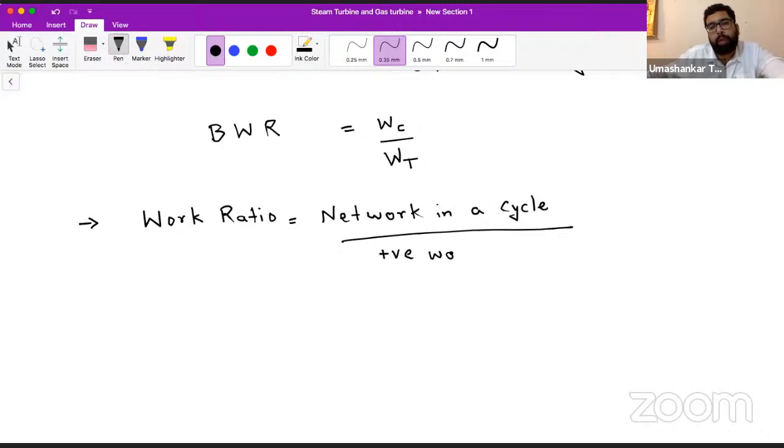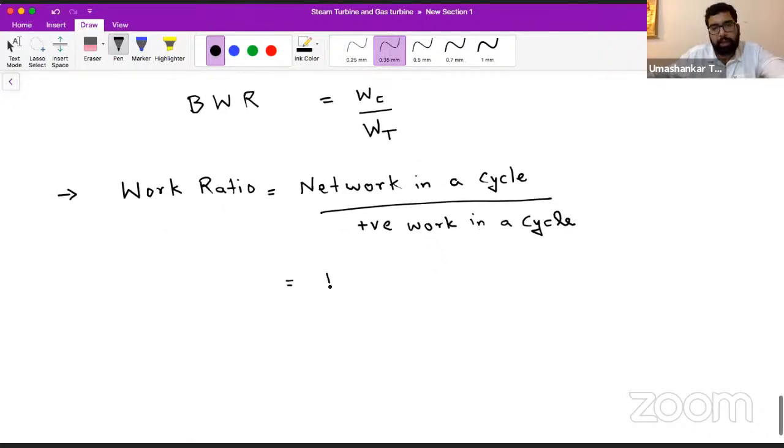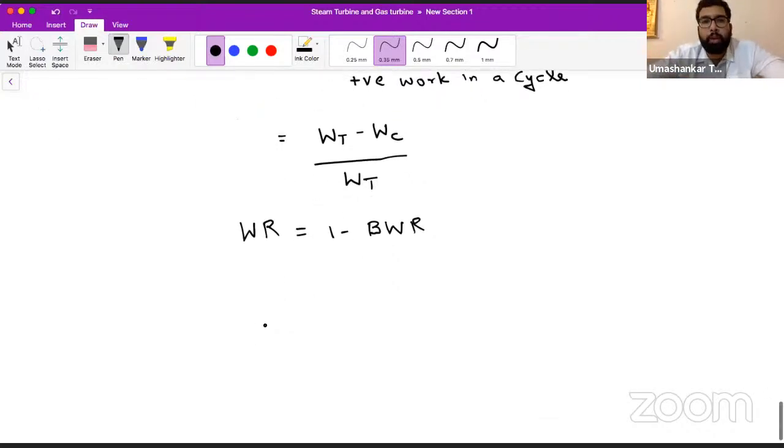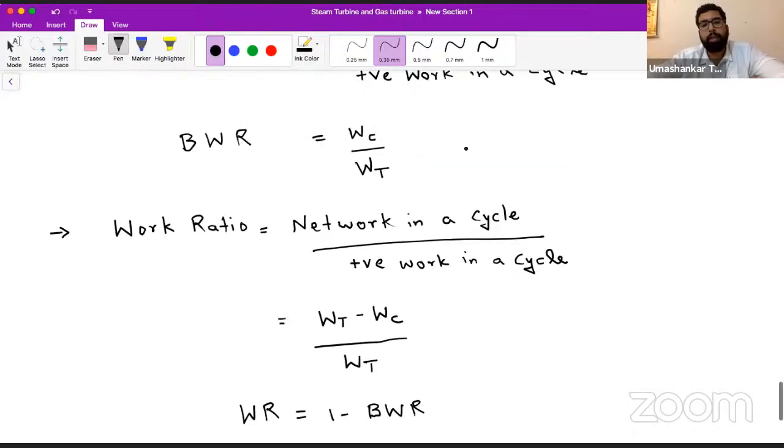The net work is turbine work minus compressor work, and the positive work in a cycle is turbine work. So from here we can say our work ratio is 1 minus back work ratio. Work ratio is nothing but 1 minus back work ratio.